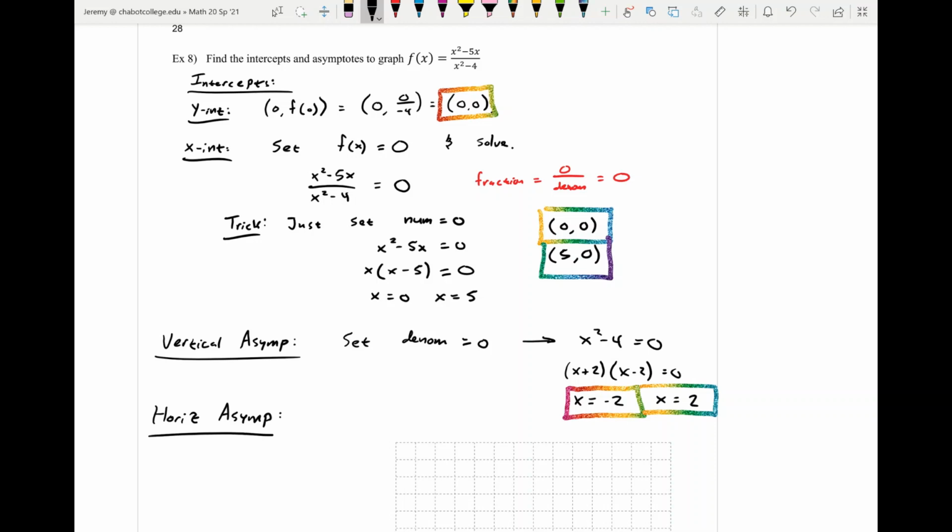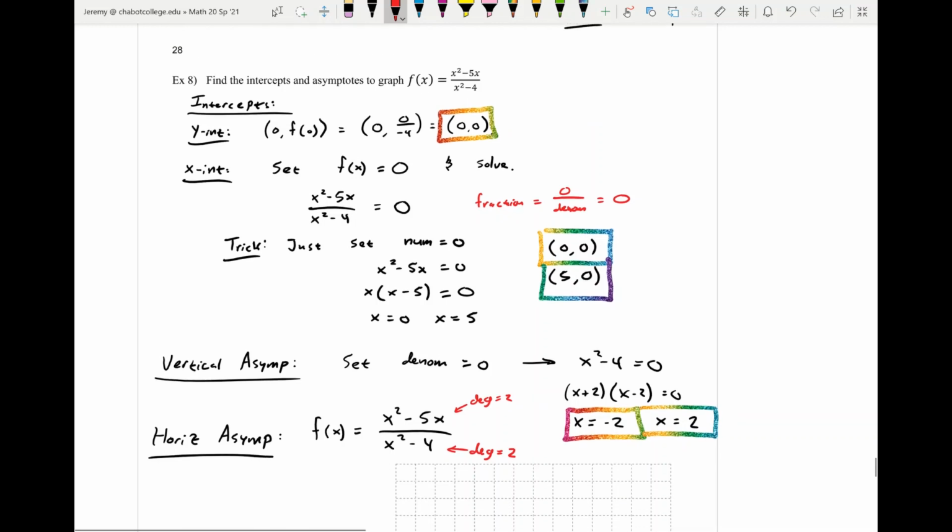The way we've been talking about this is, we've got this function f of x, which is equal to x squared minus 5x over x squared minus 4. Notice that the degree of the numerator is equal to 2, and the degree of the denominator is also equal to 2.